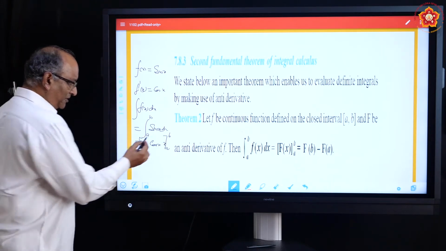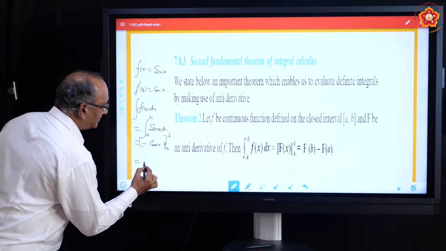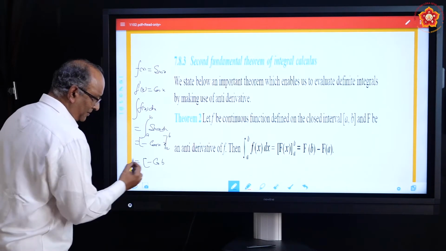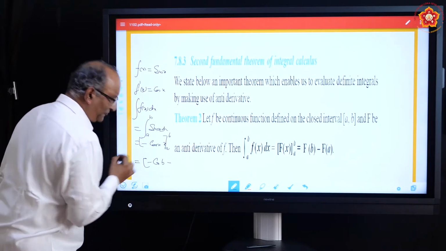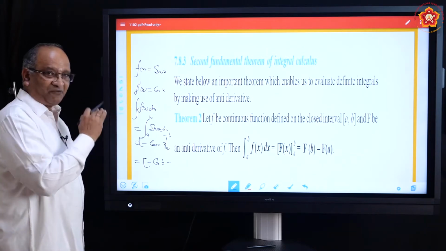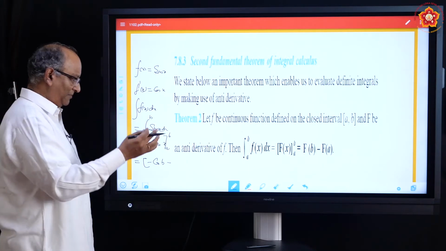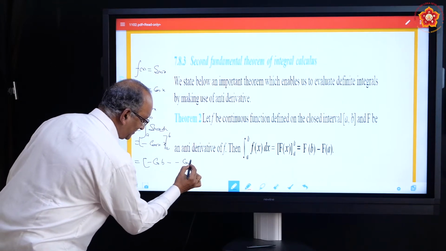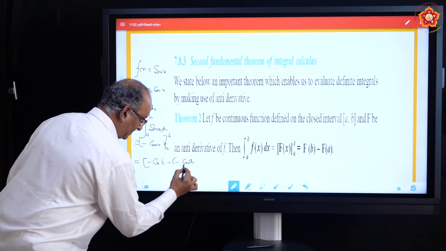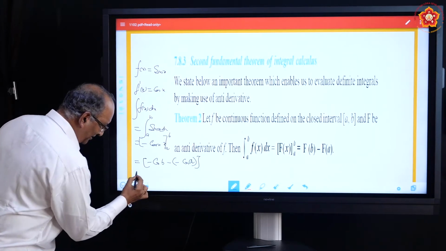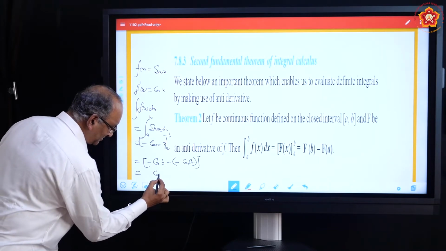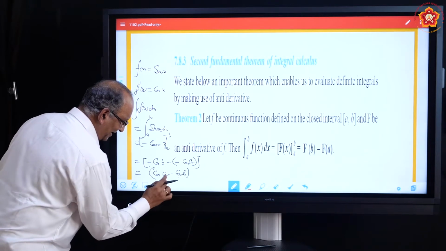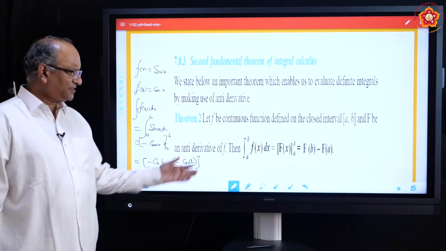So if you substitute b here, it is going to be minus cos b, that is upper limit after substituting, minus the lower limit. What is the lower limit? a. So minus of minus cos a. Putting together, what do you get? Minus of minus will become plus, so it is cos a minus cos b. This is the answer. This is how we have to do it.